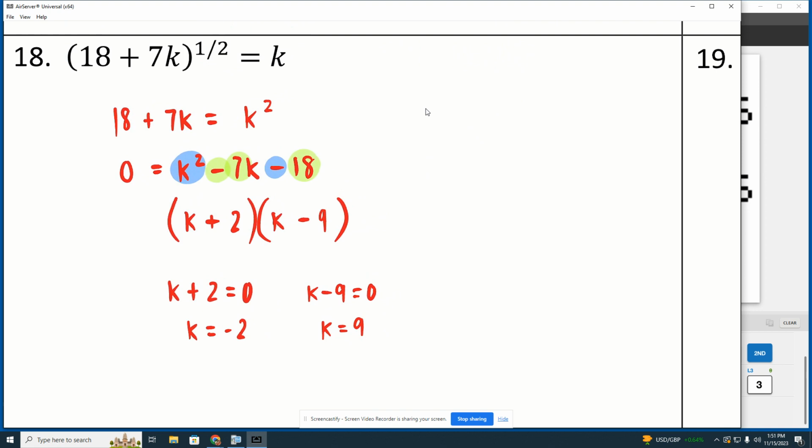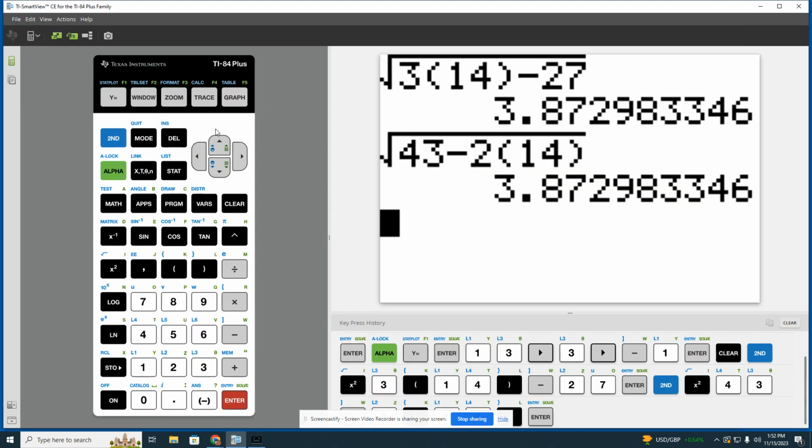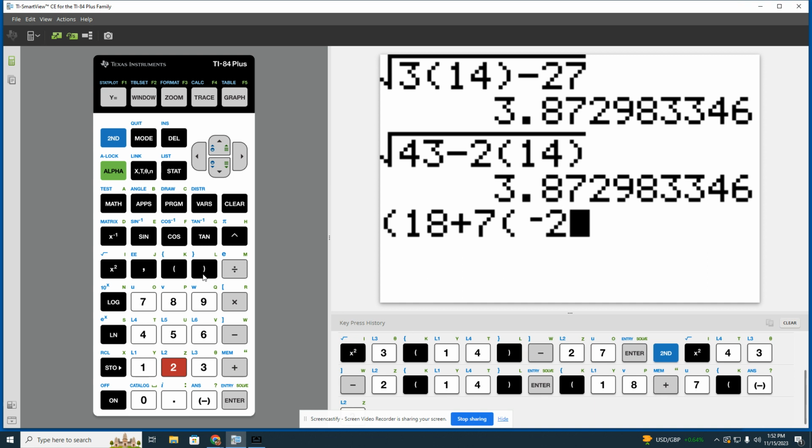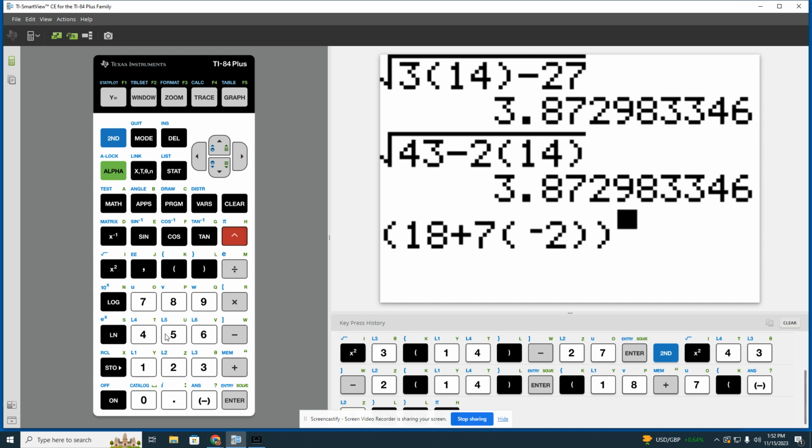So I'm going to go to my calculator and type in open parentheses, 18 plus 7 times negative 2, close that parenthesis, and then raise it to the 1/2 power.